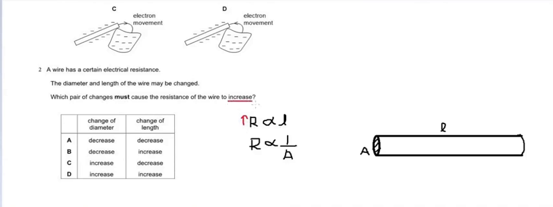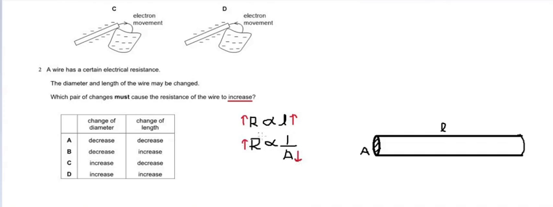So the rod length should increase because this is direct proportionality. If you want R to increase, L should be increased, and the area should decrease because it is inverse proportionality.